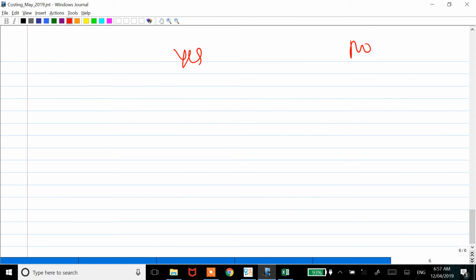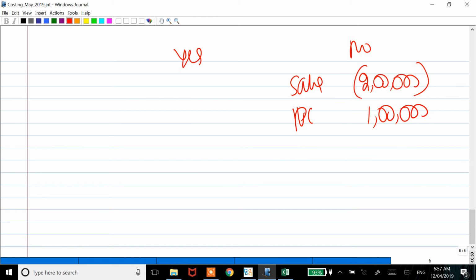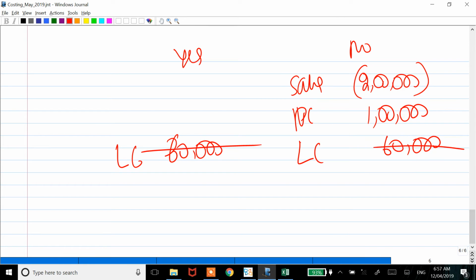It's basically yes, no. Sales 2 lakh. I'm writing this as negative, all inflows are negative. You have prime cost 1 lakh, this is an outflow. Labor cost 60,000 on both sides, so it gets cancelled.